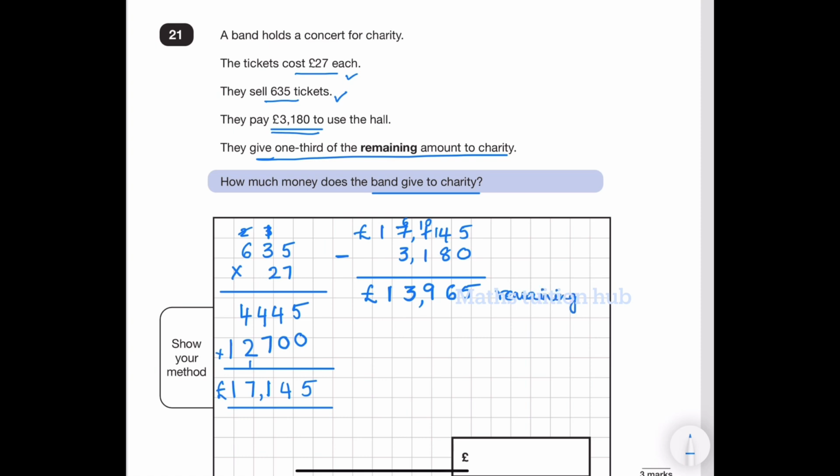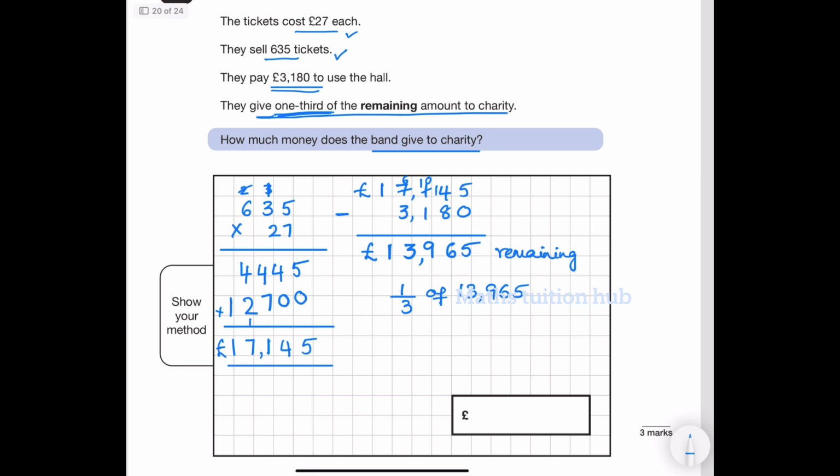Out of this remaining amount, they give 1/3 to the charity. So we need to work out what is 1/3 of 13,965. That means we have to divide 13,965 by 3.